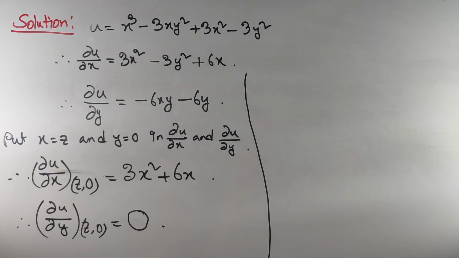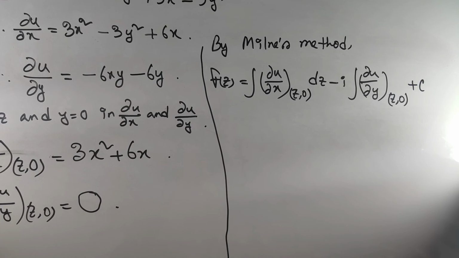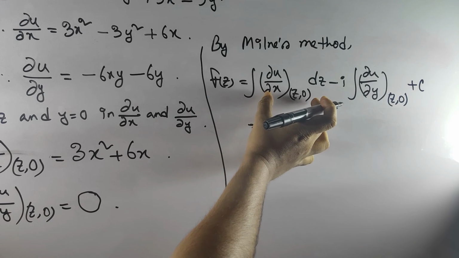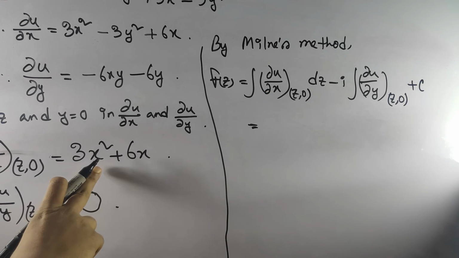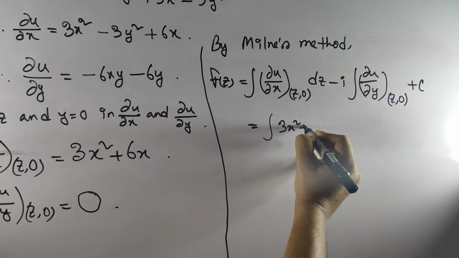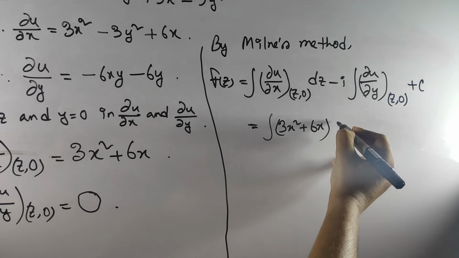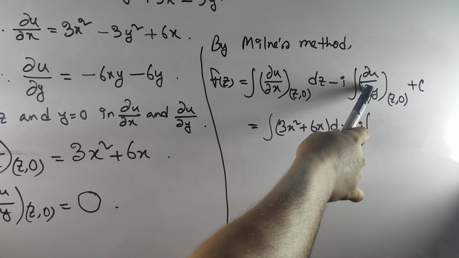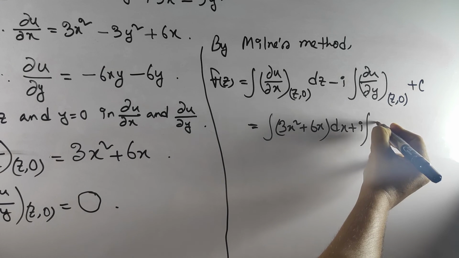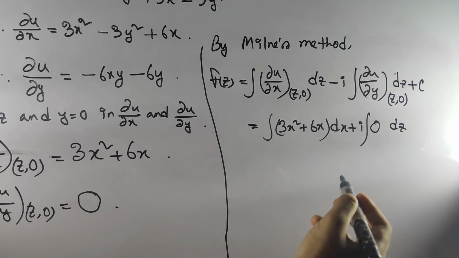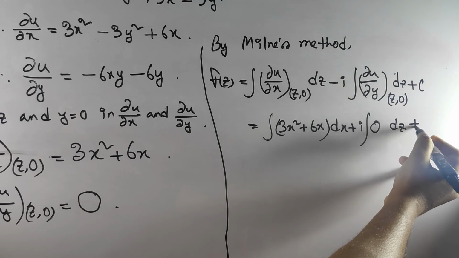By Milne's method, f(z) equals this. The value of this is 3z square plus 6z. Integral of 3z square plus 6z dz, plus i, the value of this is 0, plus c.